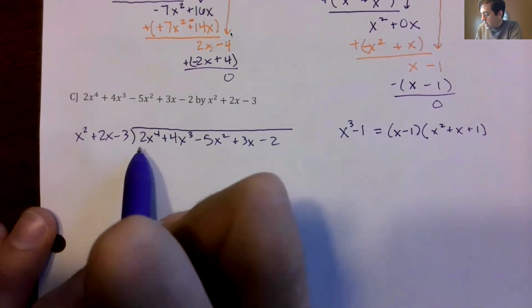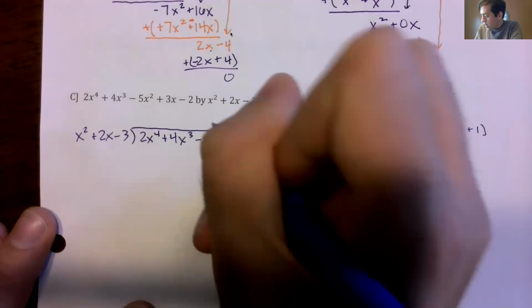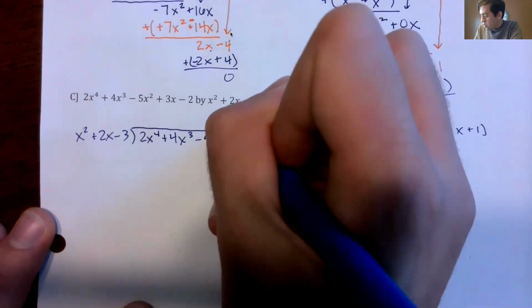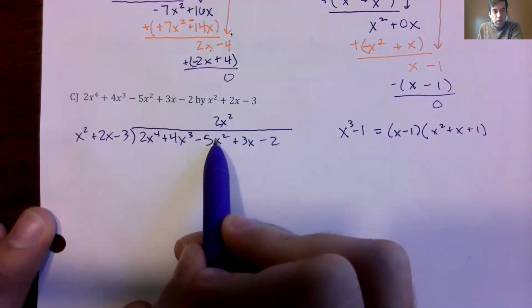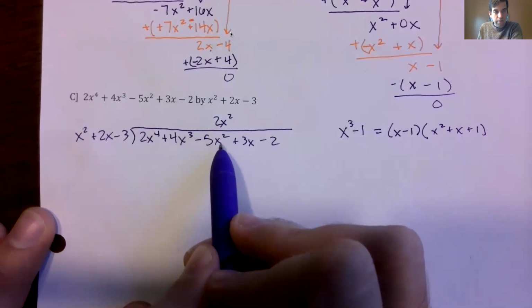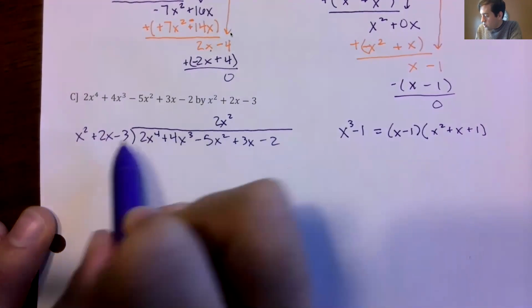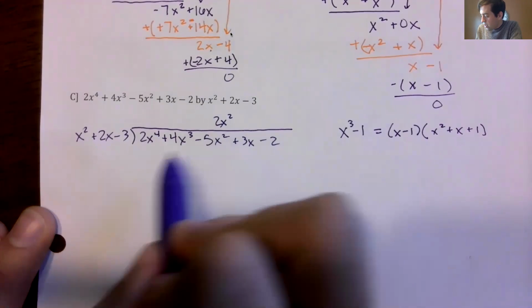So we say what times x squared gives us 2x to the fourth, and that would have to be 2x squared. Okay, so we skipped 2 terms this time. It's all the way over here, the 2x squared term. Remember, I always want to write it directly above the other x squared term. Then I distribute the 2x squared to all 3 of these and write it underneath.